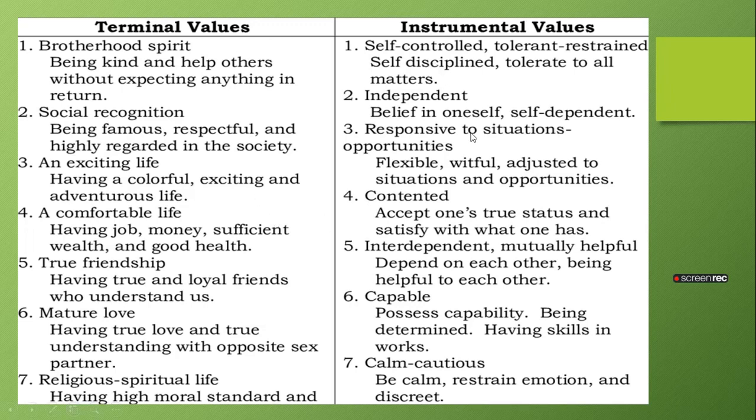So, you are flexible, willful, adjusted to situations; you easily adjust to situations and opportunities. And number 4, contented. You accept one's true status and are satisfied with what one has. Okay? Number 5, interdependent, mutually helpful, capable and calm, conscious.